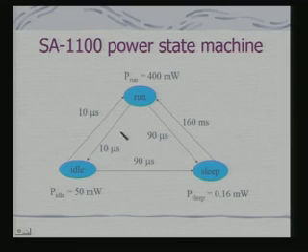So, what is the other thing that is being shown here? Typically, it is the time that it takes for transitions. The transitions both ways, from run to idle or idle to run, are of the order of 10 microsecond. From idle to sleep and run to sleep, it is of the order of 90 microsecond. Okay.